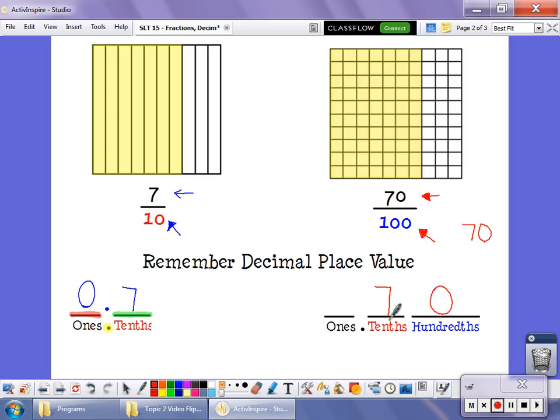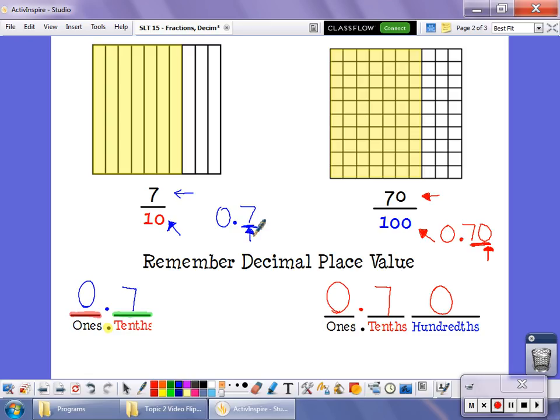So 70 hundredths. And again, I don't have any wholes, so we put a 0 in the ones spot. So 70 hundredths looks like this, because we have the number 70 with the last digit in the hundredths place. Now 7/10 looks like this because our number is 7 and it ends in my tenths place.